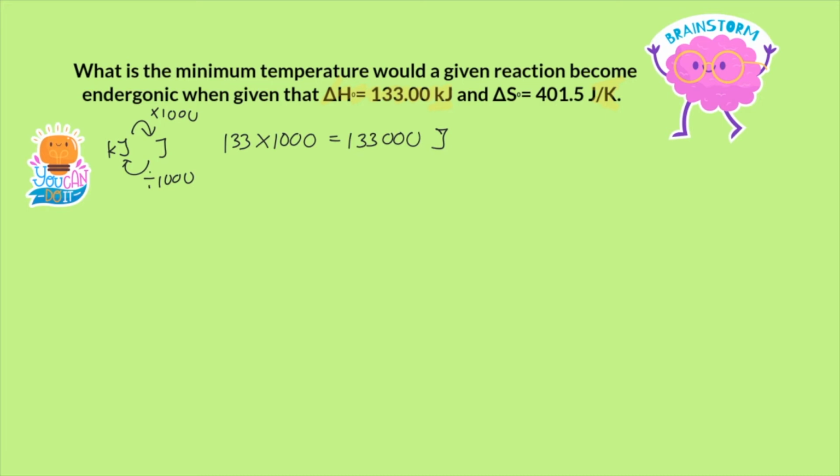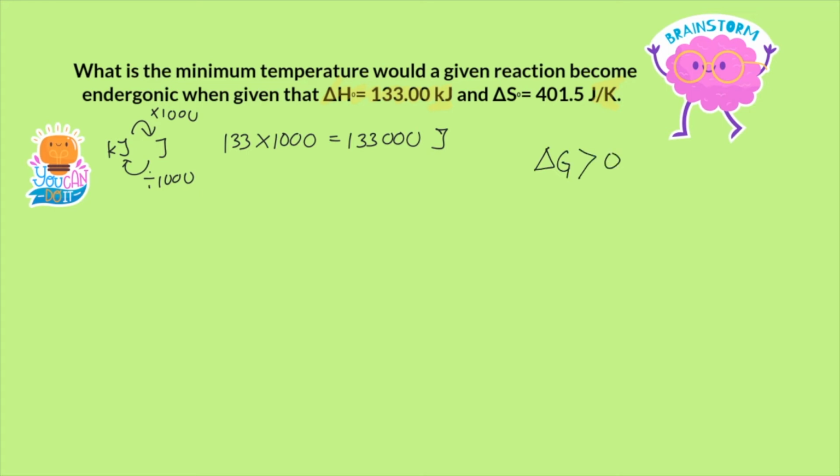Alright, next up, we need to know what is the specific temperature that you need to meet in order for this reaction to be endergonic. When it is an endergonic reaction, your delta G must be bigger than 0.